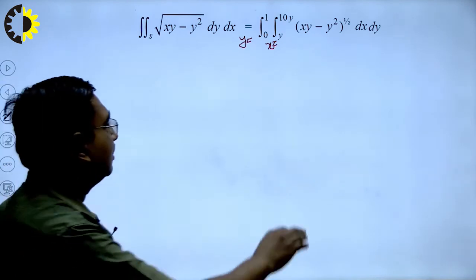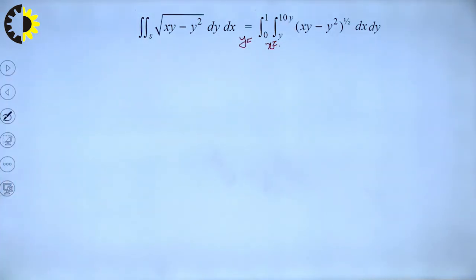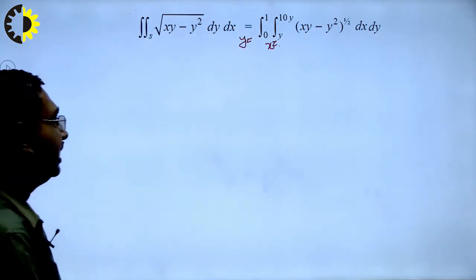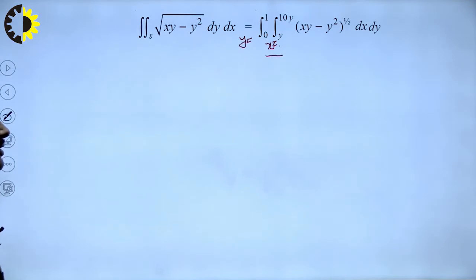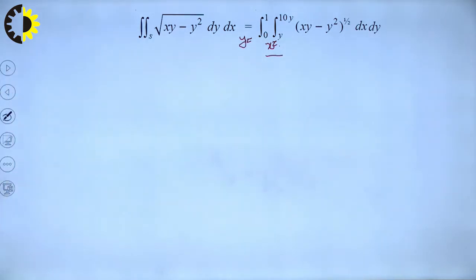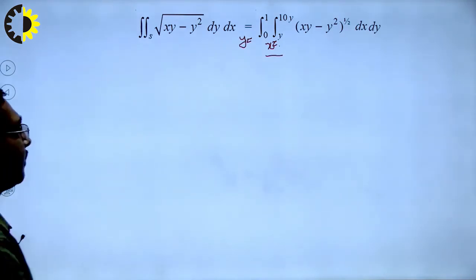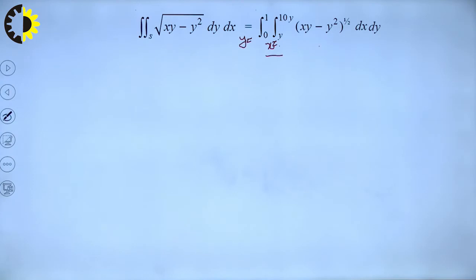Because the limits of x are in terms of y, that is, they are variable limits, I have ensured that these limits are placed inside. We have learned that the variable limits will always be placed inside and the constant limits will always be placed outside. Now, this integration is to be evaluated with respect to x.